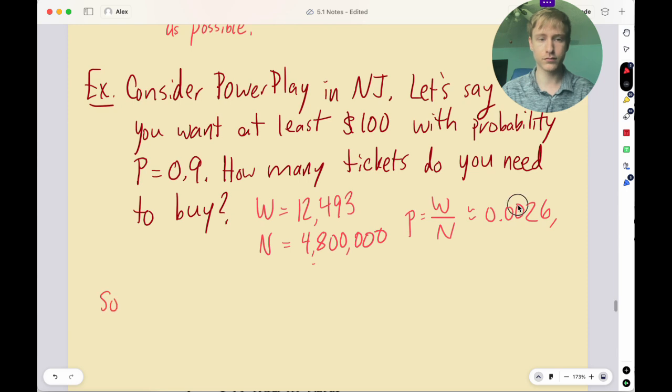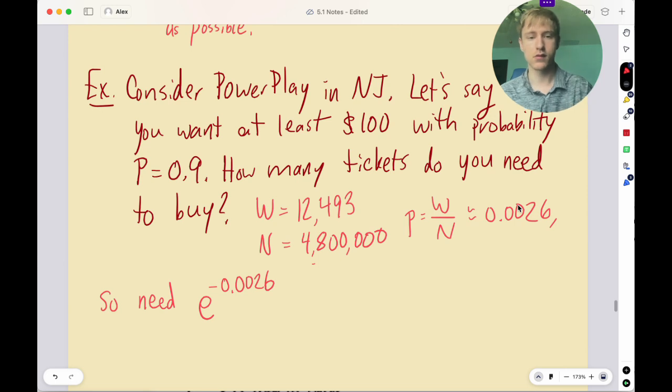So we need that e to the minus this quantity times n. Well, okay, maybe I should show a little bit more work.